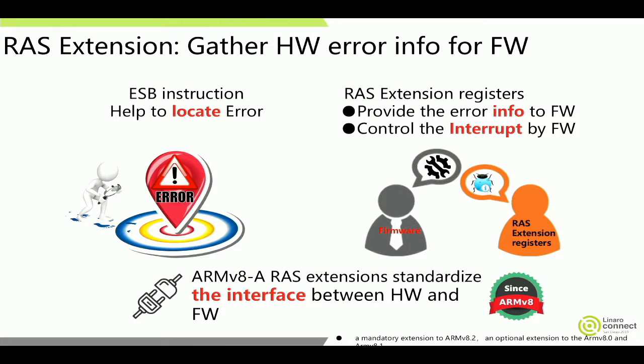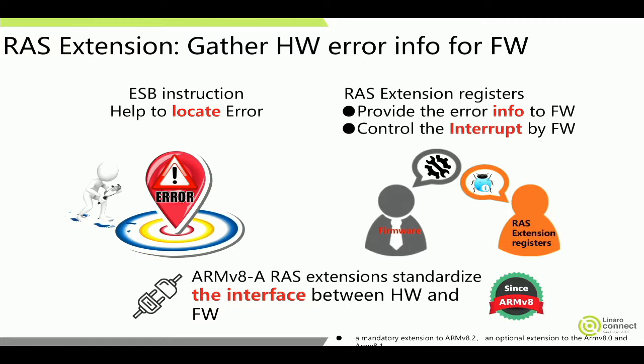If any error happens between these two barriers, the last one will trigger the interrupt, and an error there will not trigger the interrupt after the barrier. So you can locate the error between these two instructions.